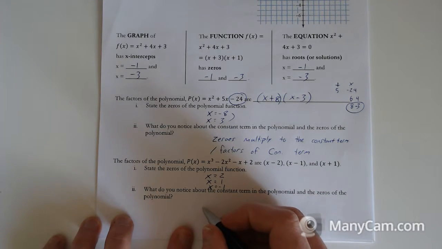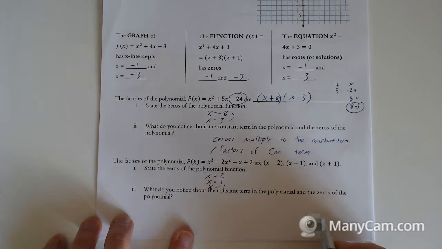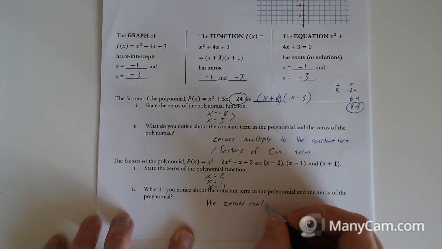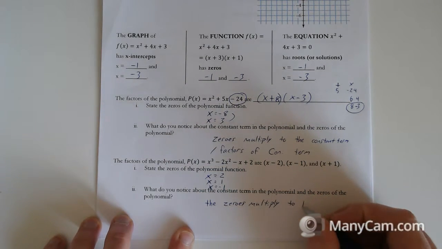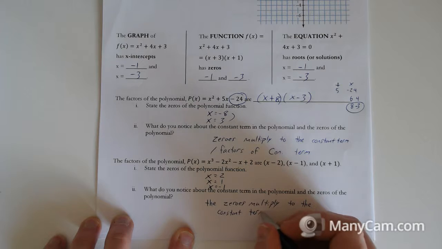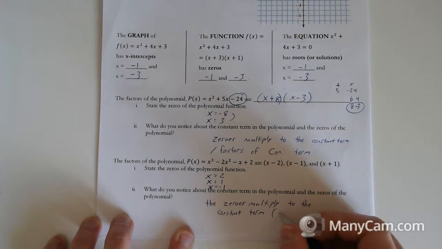So the zeros multiply to the constant term, ignoring sign.